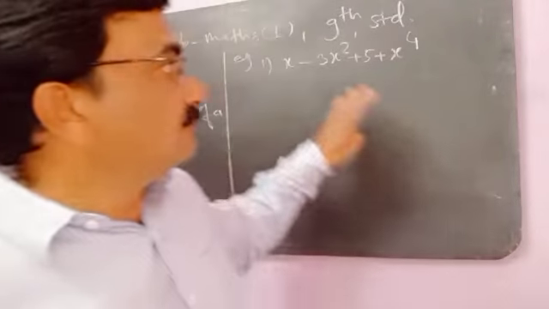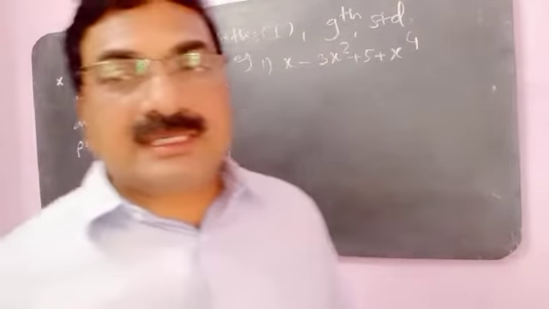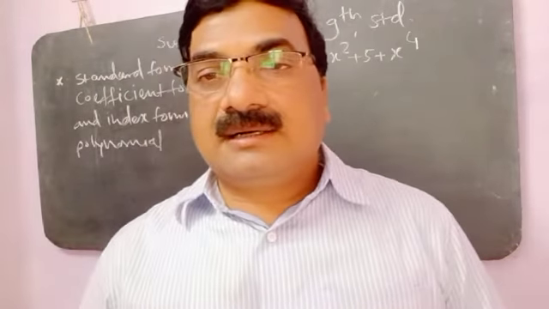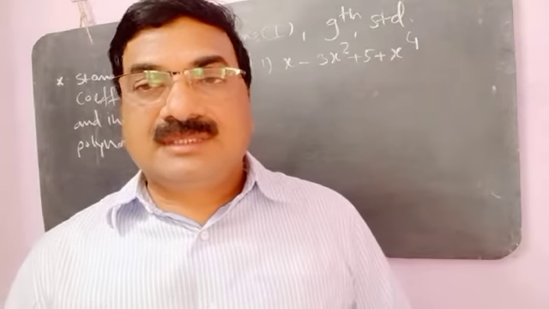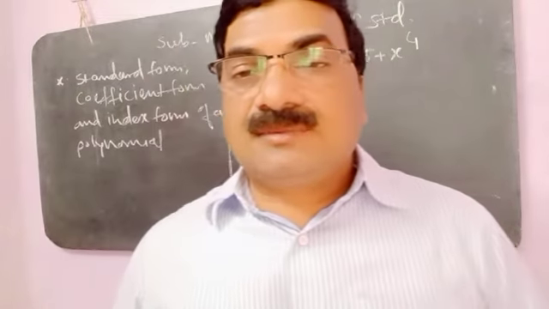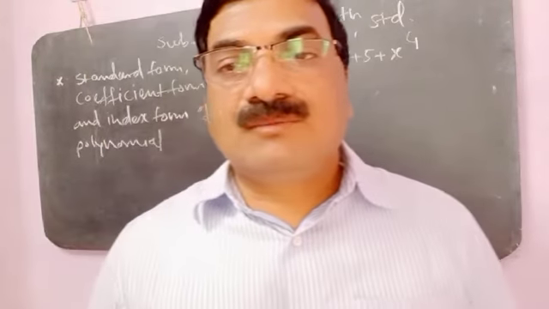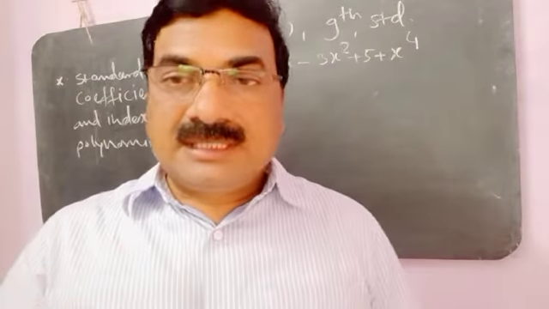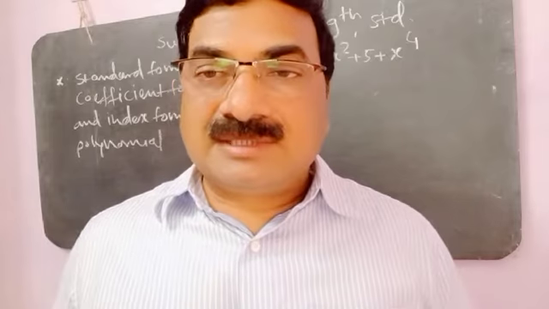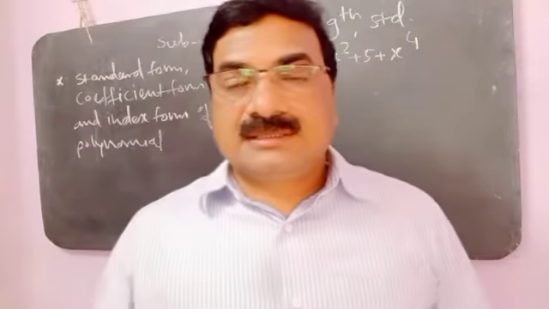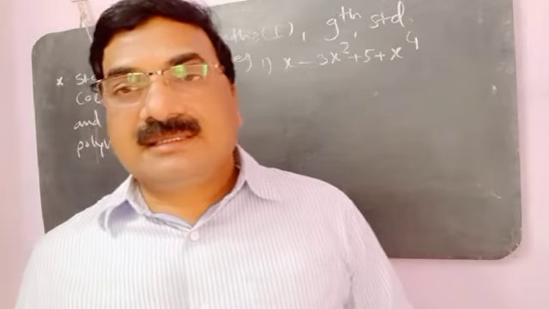Then see here, first we have to write down the standard form. Standard form means the arrangement of the different terms in the descending order of their powers. Descending means decreasing order. First is the maximum degree, and then the next degree is less than that maximum.